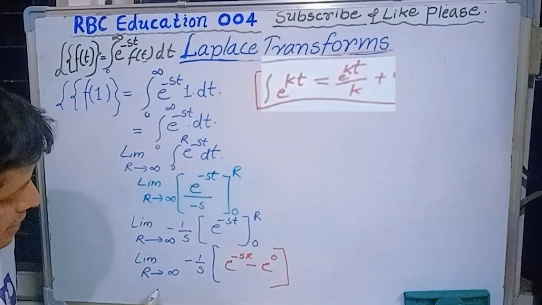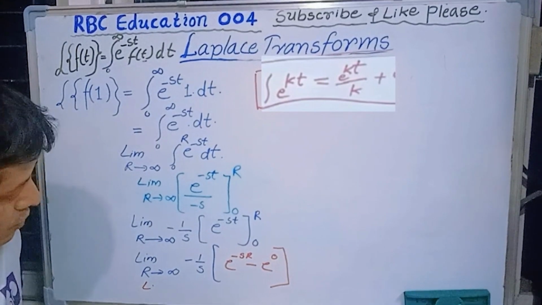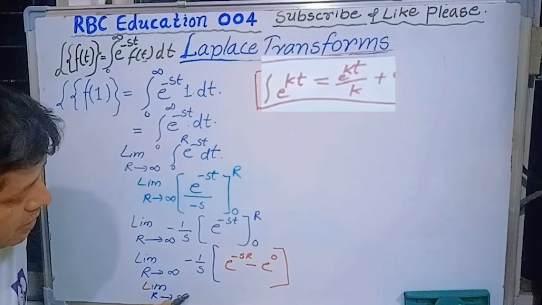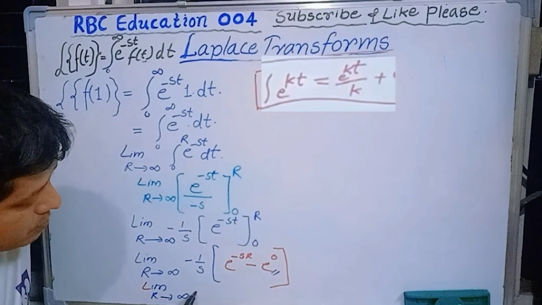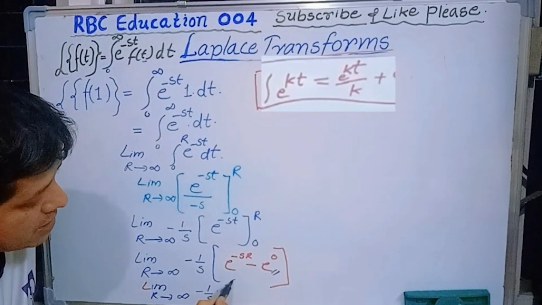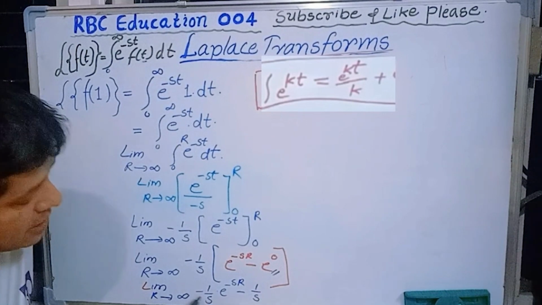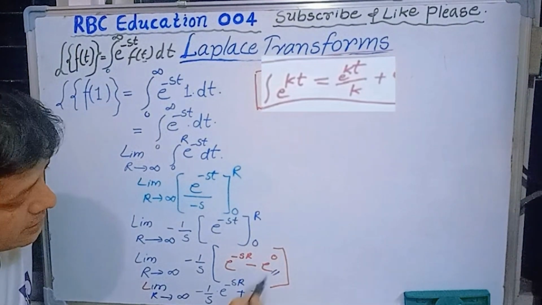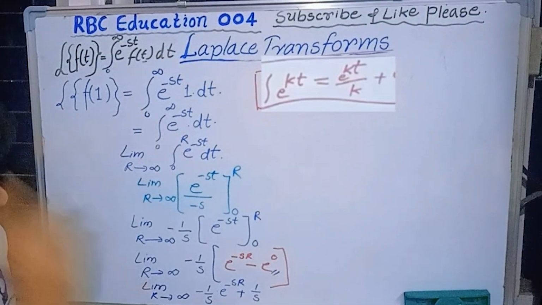Now let's go one more step, where the limit r tends to infinity. We multiply minus 1 by e^(-sr) and by 1, that is 1/s. So it becomes plus here and minus there, and this is nothing but 1/s, because it was 1 there.